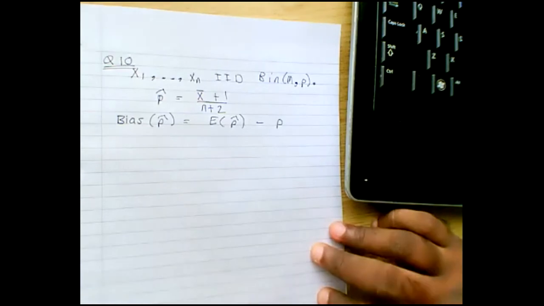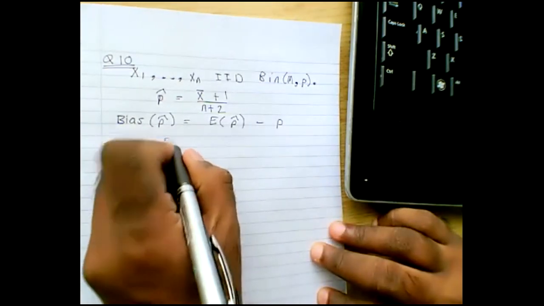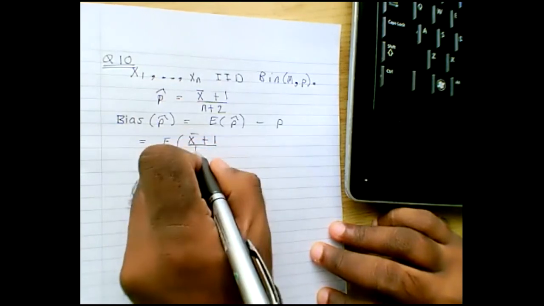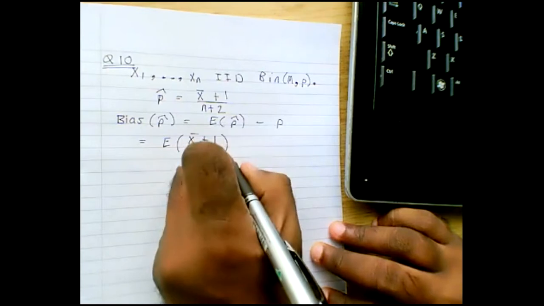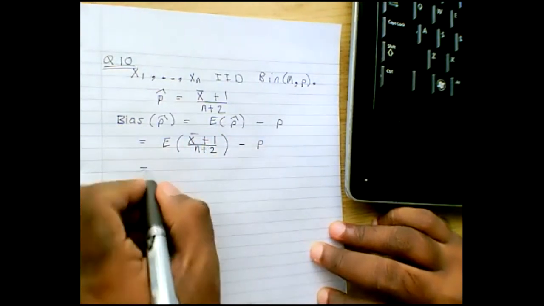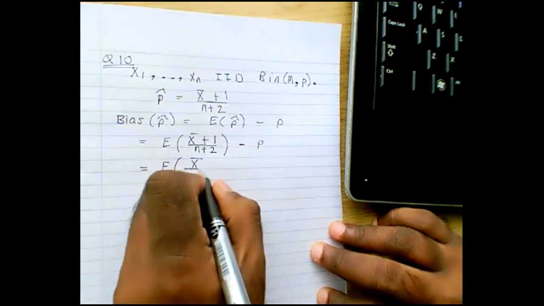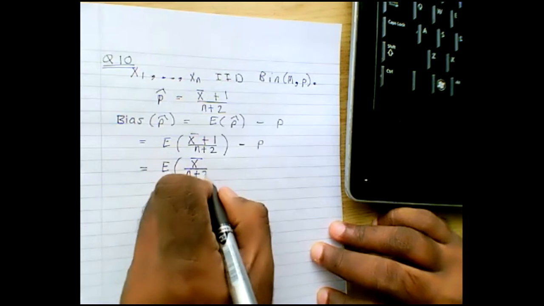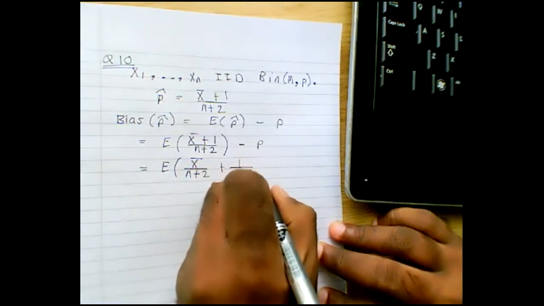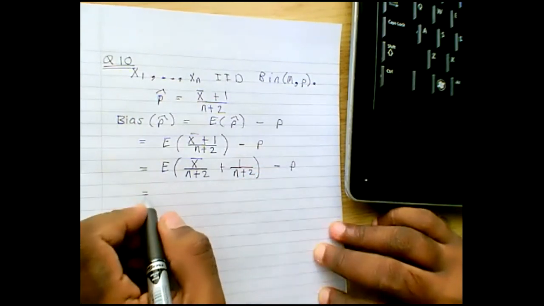In this case, it's the expectation of x bar plus 1, over n plus 2.